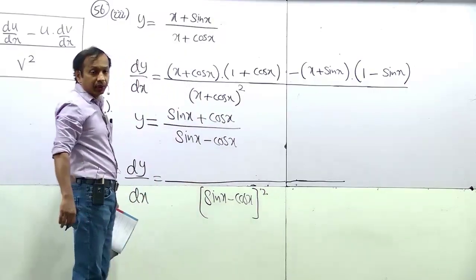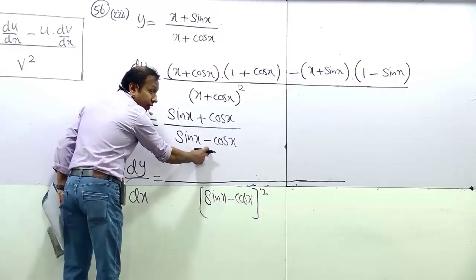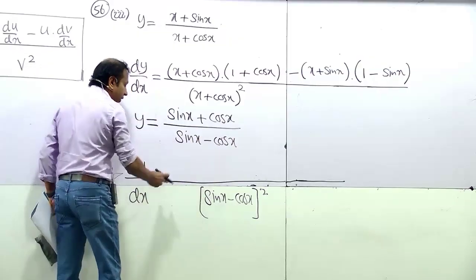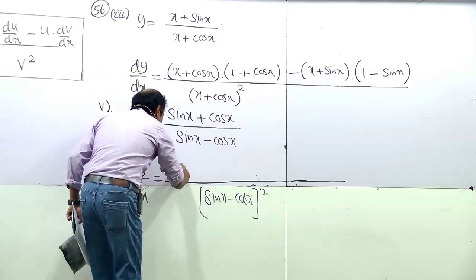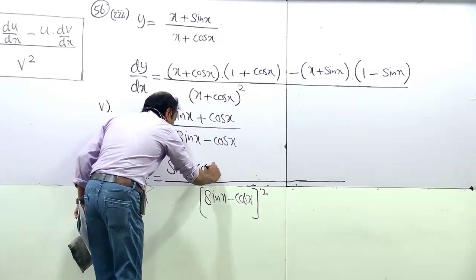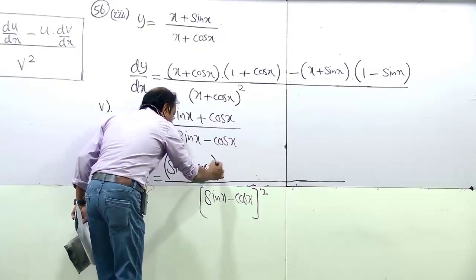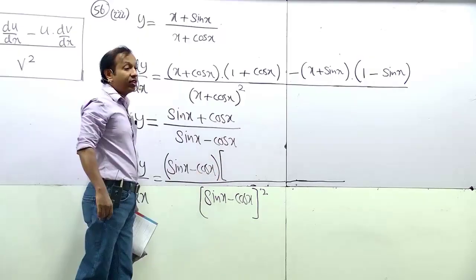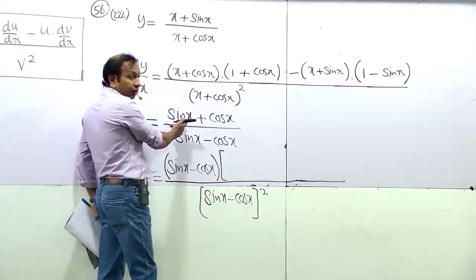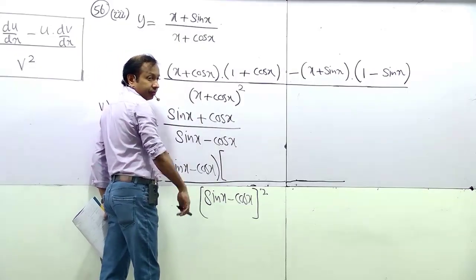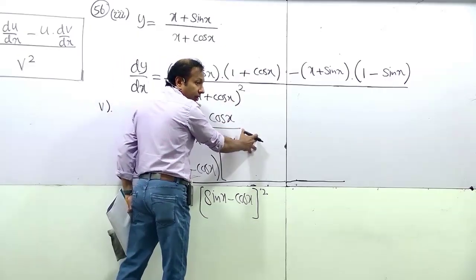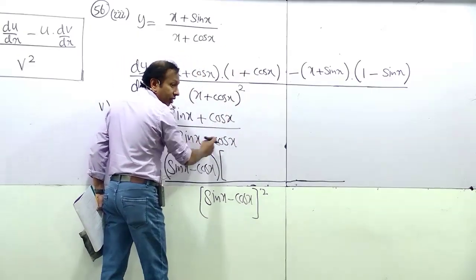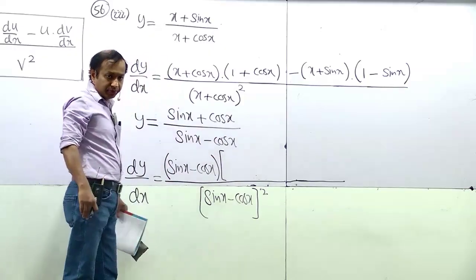Now, the given denominator we must write at the beginning of the numerator: sin x minus cos x. Into what? We multiply by the derivative of the numerator. And we interchange: this we write as the same and that we multiply by the derivative of the given denominator. That's all. Very easy to remember.